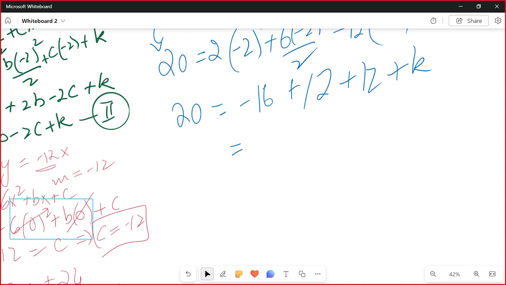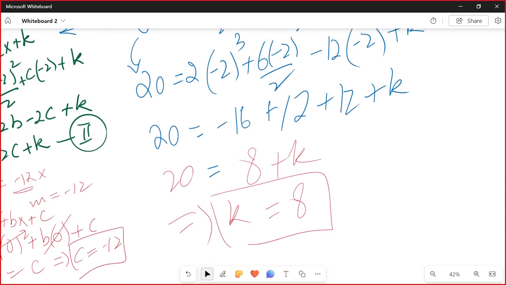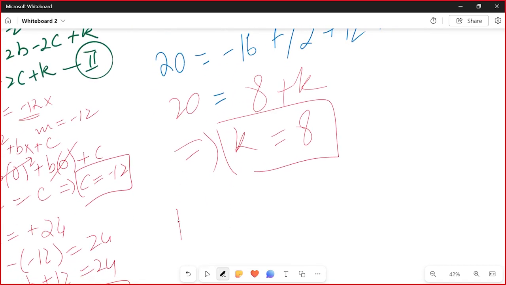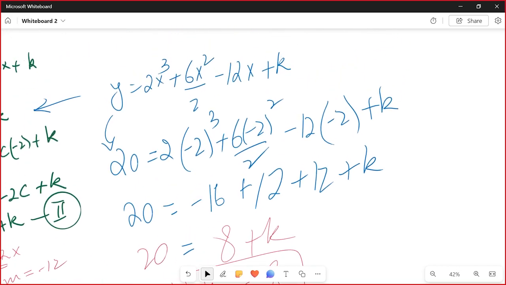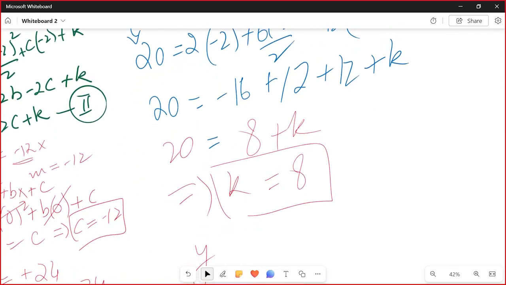So minus 4 plus 12 is 8, plus k is 20. So this implies k is equal to 20 minus 8, which is again 8. So the equation becomes the final equation. We have found k is equal to 8.